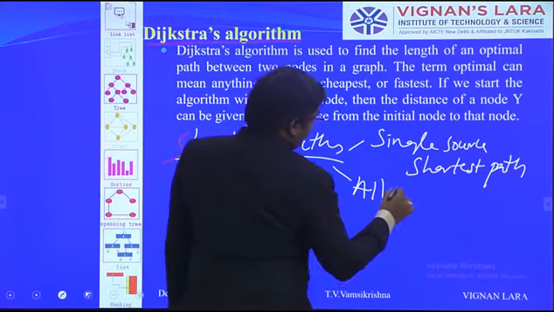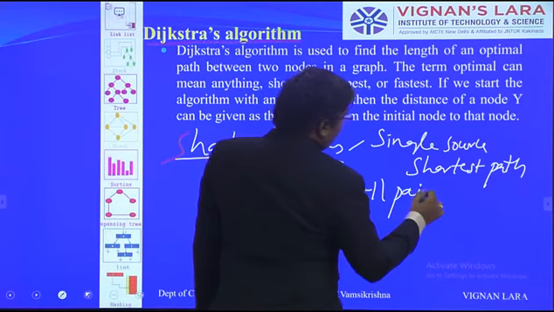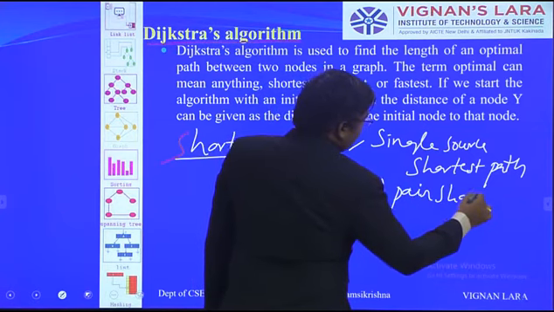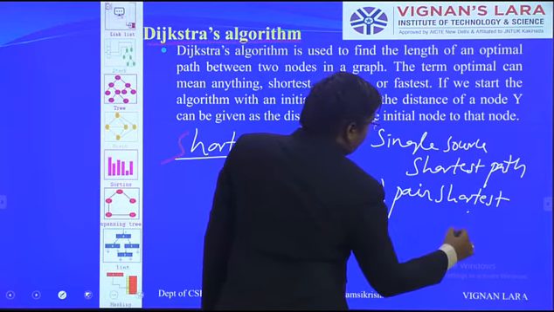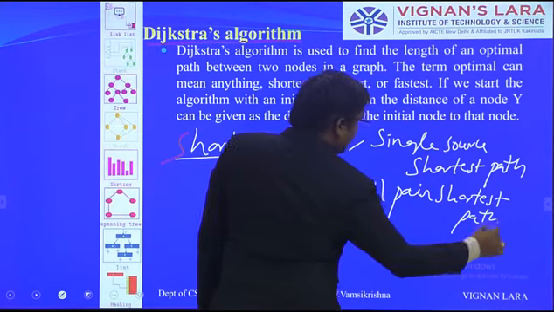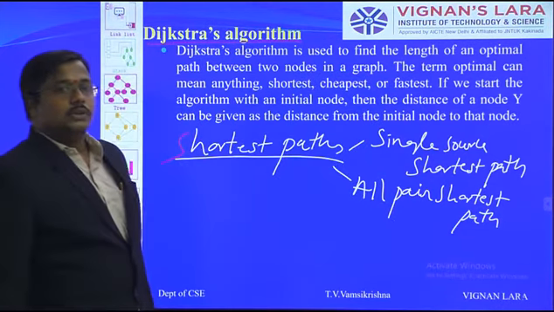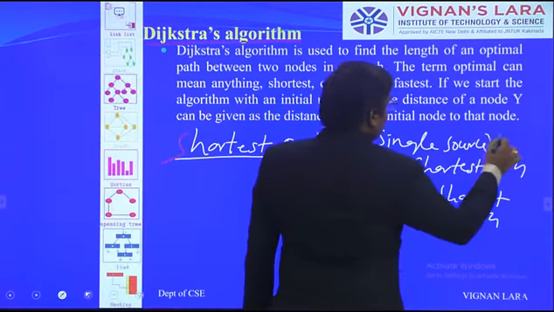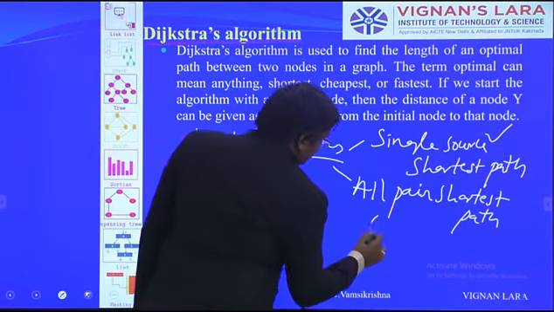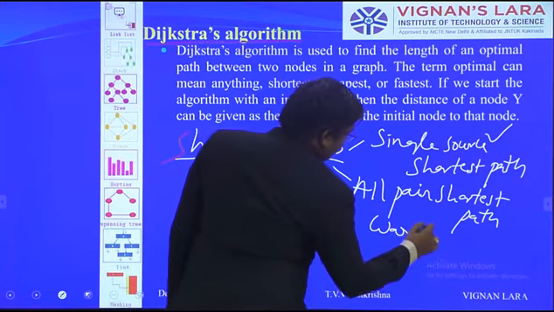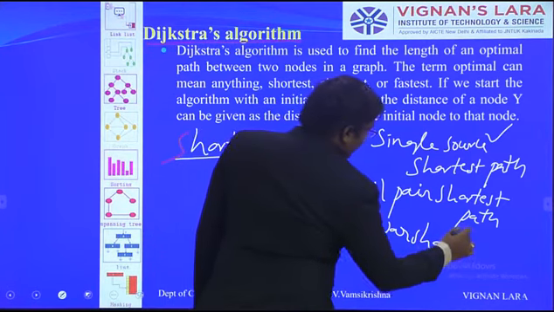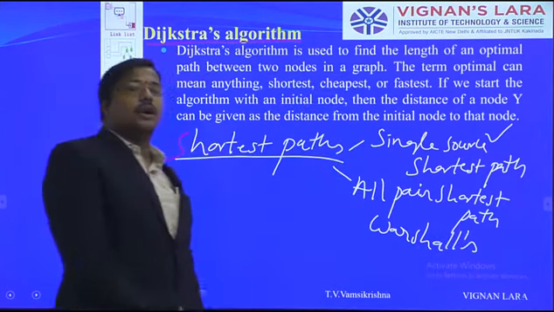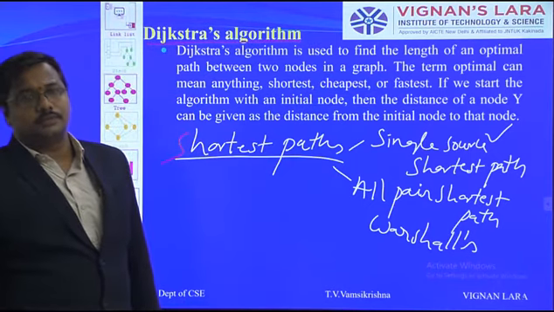Another one is the all pair shortest path algorithm. So Dijkstra's is one kind of single source shortest path algorithm. The all pair shortest path algorithm is the next upcoming concept, that is Warshall's algorithm. Sometimes this is called Floyd's algorithm also.